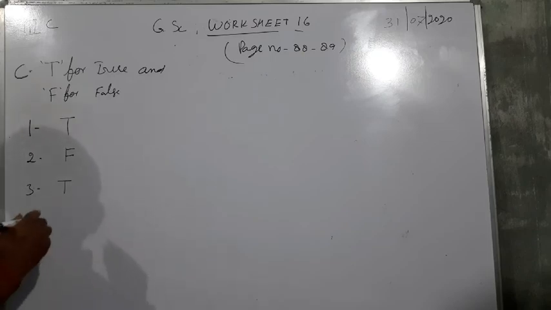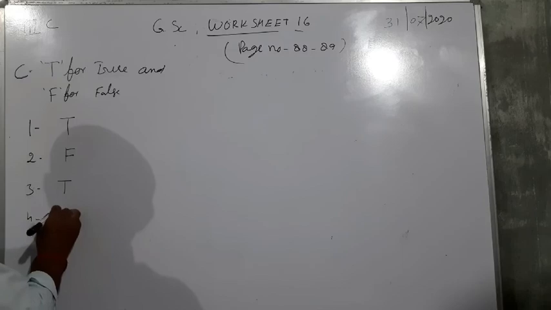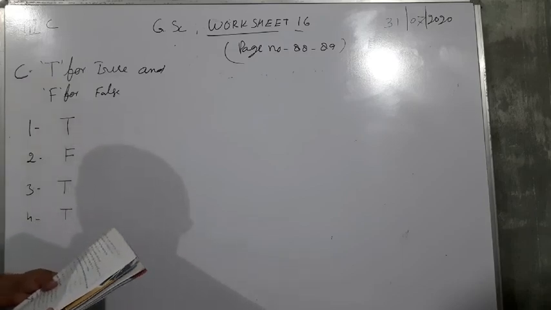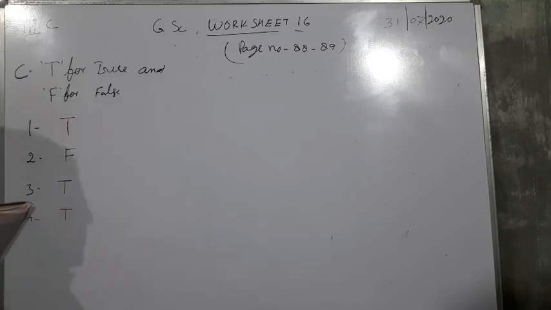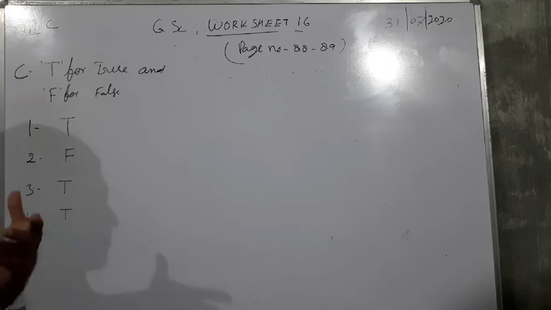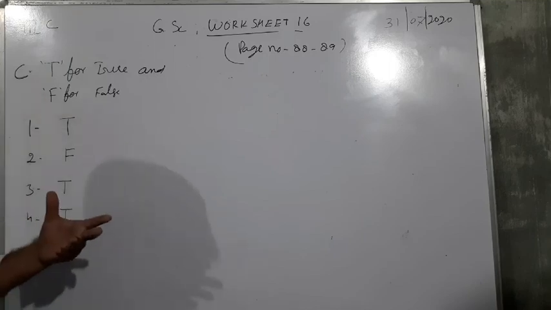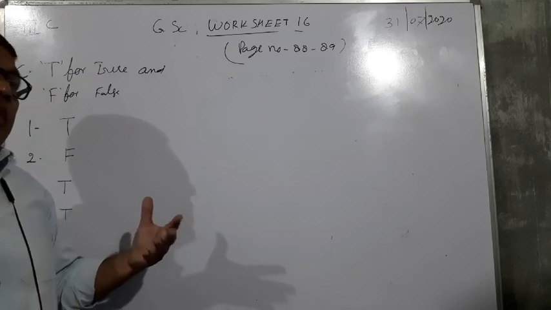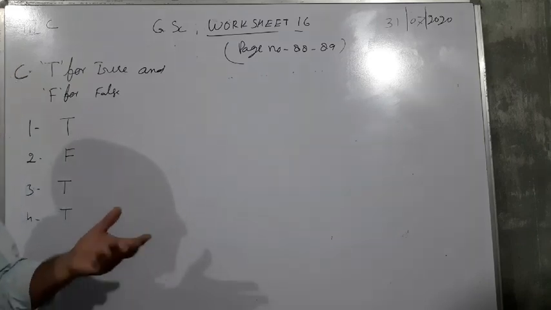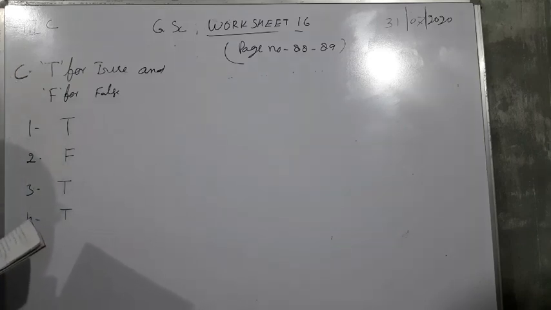Yes, it is correct. Since the sun is closer to us in comparison to other stars, the sun appears bigger than the other stars, but actually many stars are bigger than the sun. So this statement is also correct.